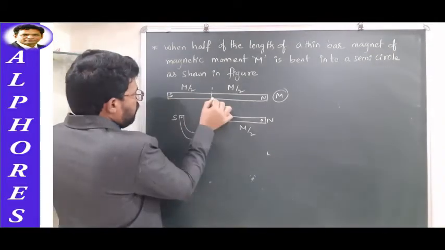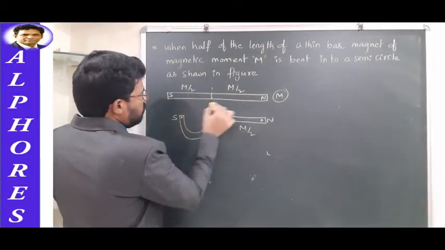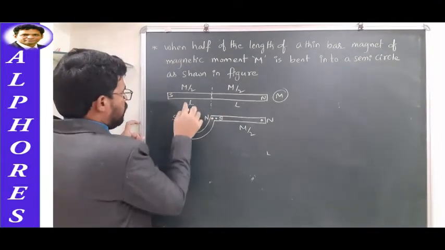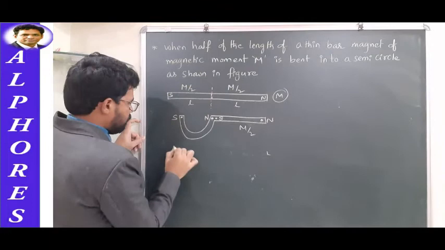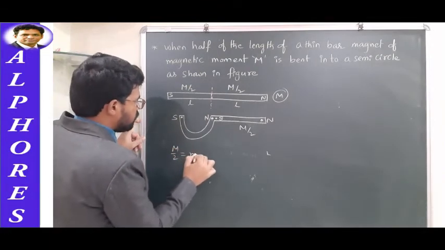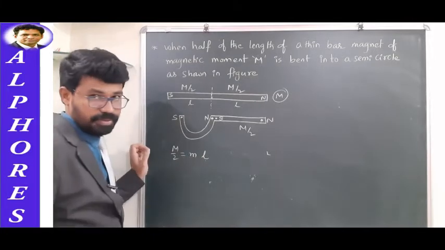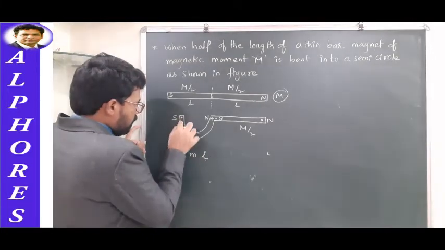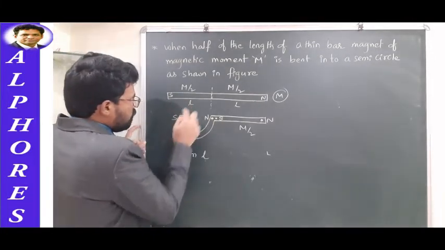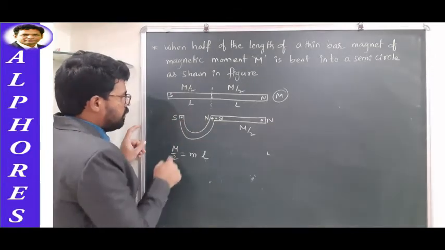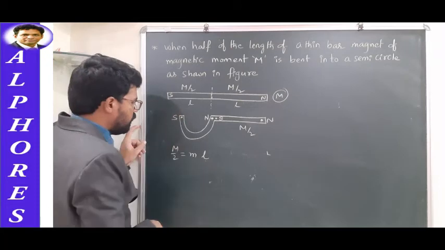Let us say the total length is 2L. Here the length will be L, and here the length will be L. So this m by 2 is equal to pole strength m into L. Now when this part of the magnet is converted into a semicircle shaped magnet, there won't be any change in the pole strength.